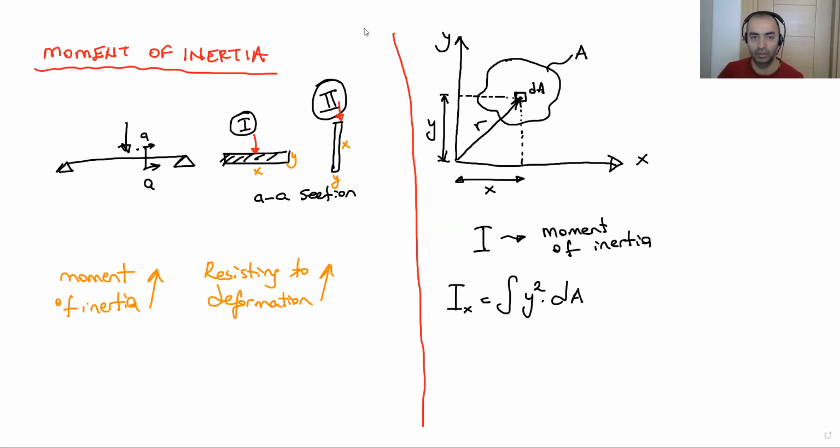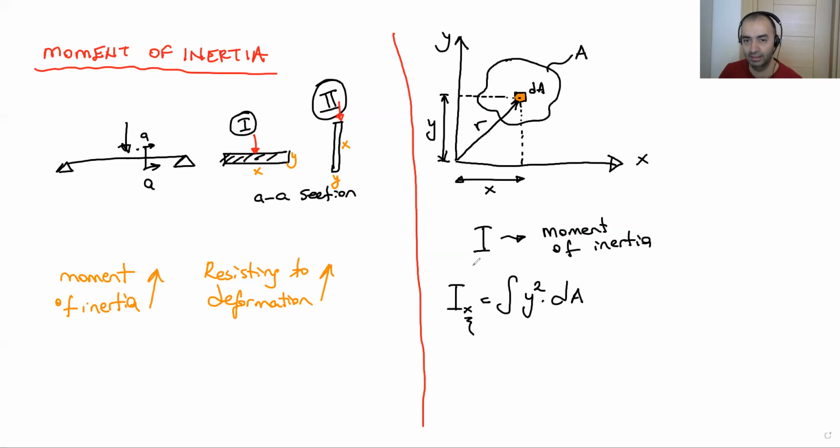Consider this small area, this orange area, and we have the center point of this area. Area of this small member times the distance to the axis that we are dealing with, which is X, because we write it here.